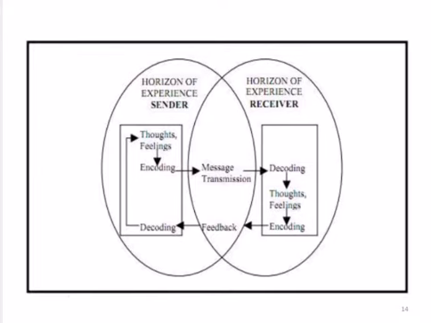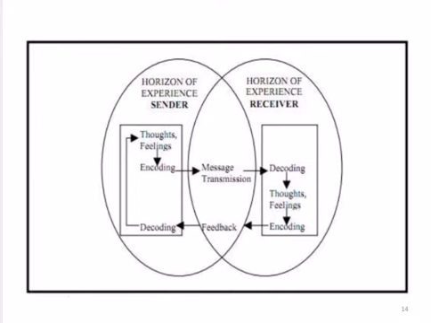So, ibig sabihin, yung mismong point of communication ni sender tsaka ni receiver is the message transmission, and at the same time, the feedback. So, if you will notice, yung flow niya ay encoding si sender, iikot ng flow niya papunta kay receiver.